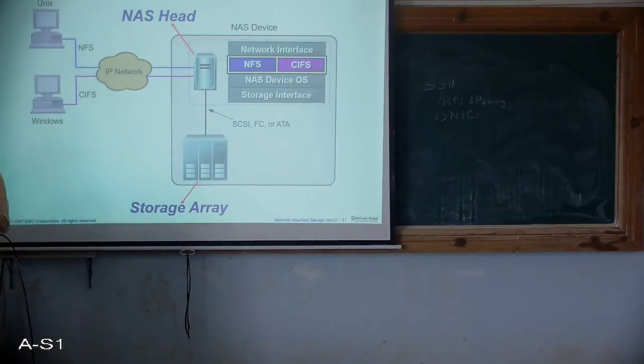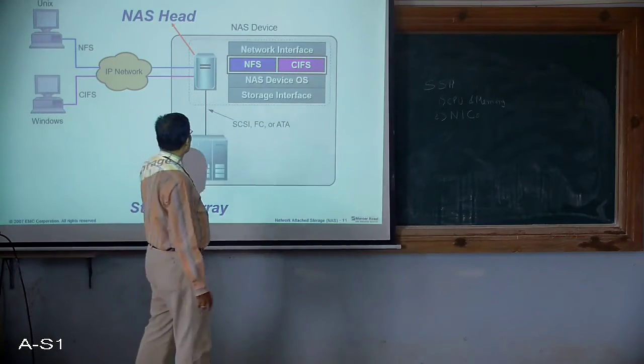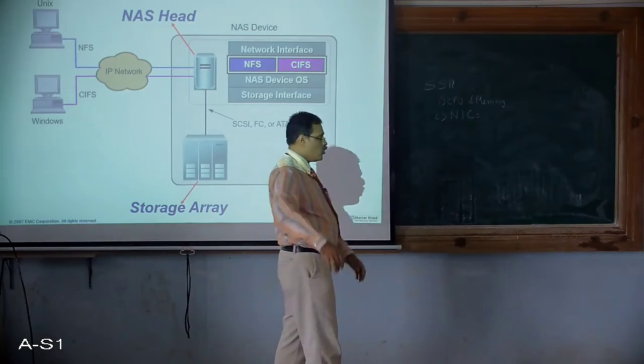These network interface cards provide connectivity to the client network. For example, network protocols supported by NICs include gigabit Ethernet, fast Ethernet, ATM, and also fiber distributed data interface, that is FDDI. All these NICs are extensively used in our NAS head at the lower layer.